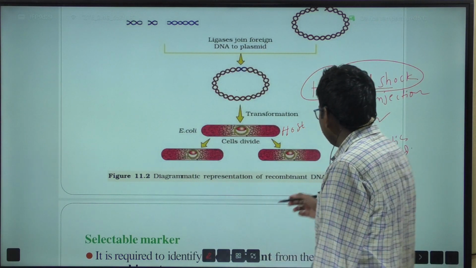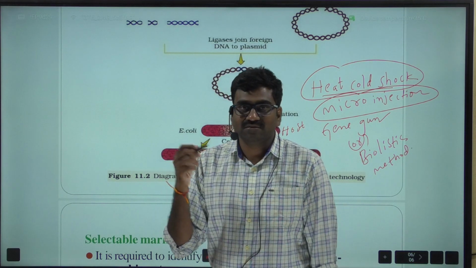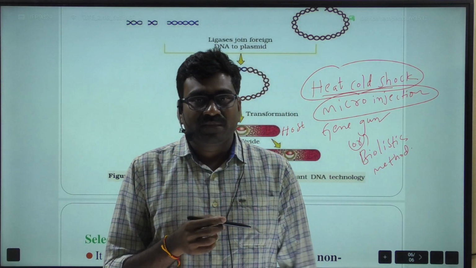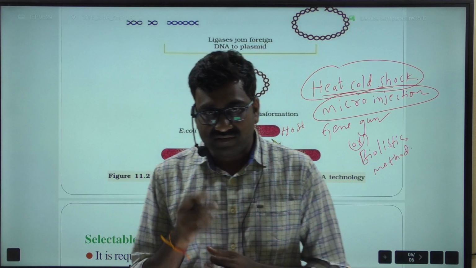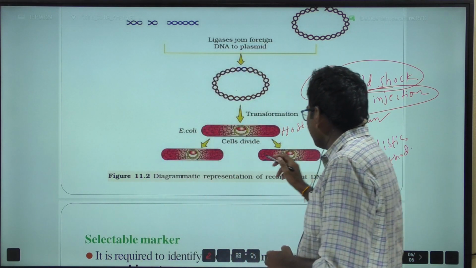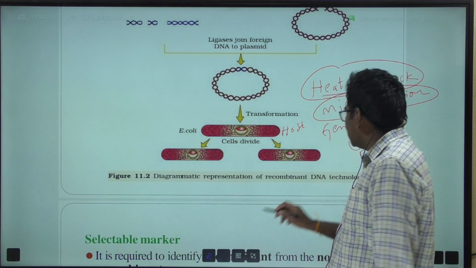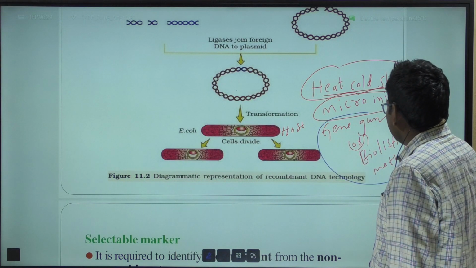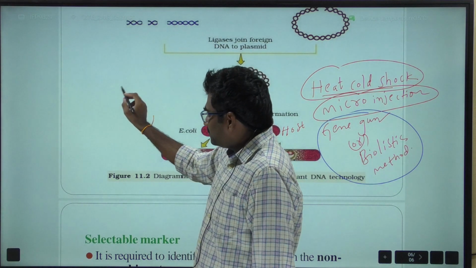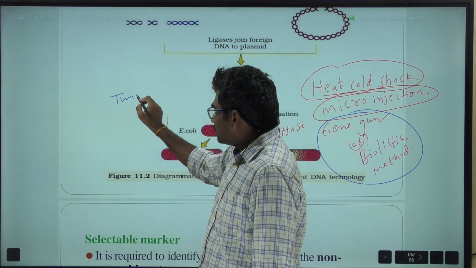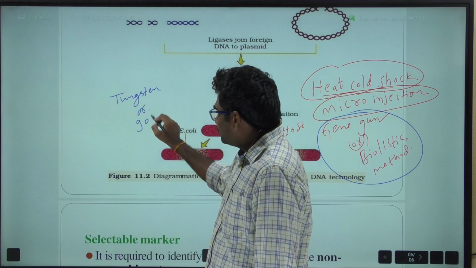Another method is microinjection. Here the rDNA is directly injected into the nucleus of an animal cell. That is the microinjection method. Another method is the gene gun method or biolistic method. In this method we use tungsten or gold particles.